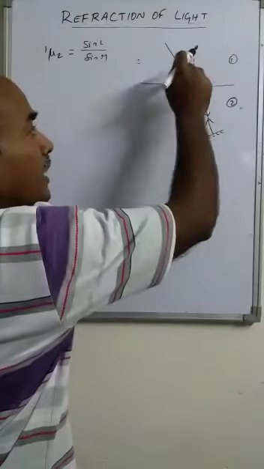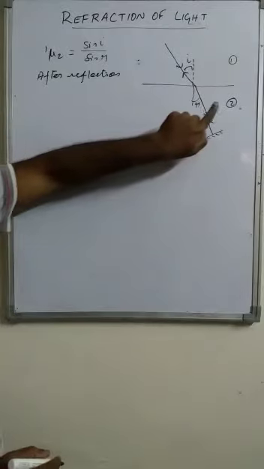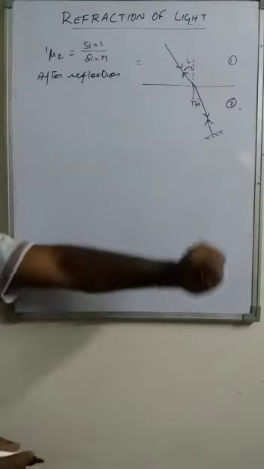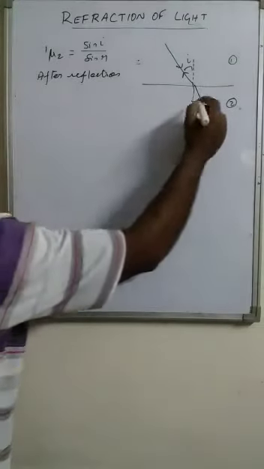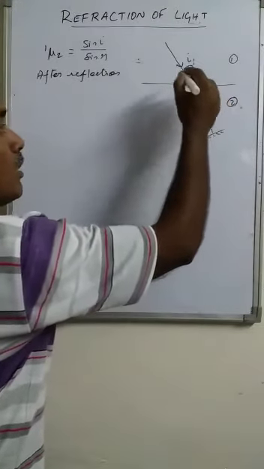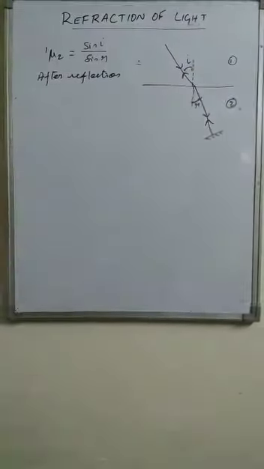After reflection, the light ray is traveling in the second medium first and enters into the first medium. It makes an angle R with the normal here, and an angle I with the normal here.